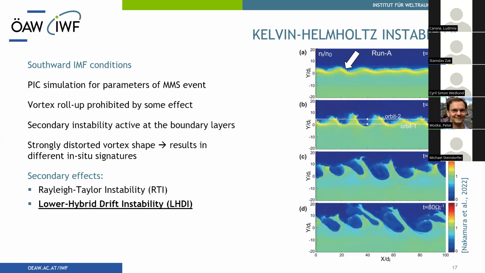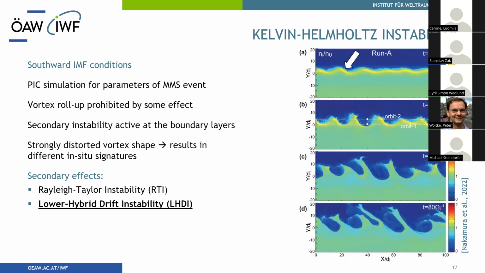For the Rayleigh-Taylor instability, since it's a scale of thousands of kilometers, we cannot really measure it directly from MMS spacecraft data with a very small spacecraft separation. But for the lower hybrid drift instability, we were able to also measure it directly.